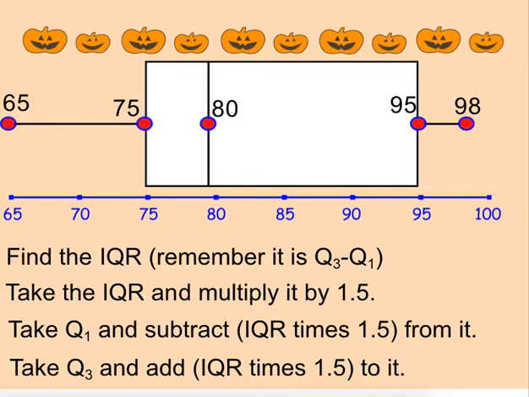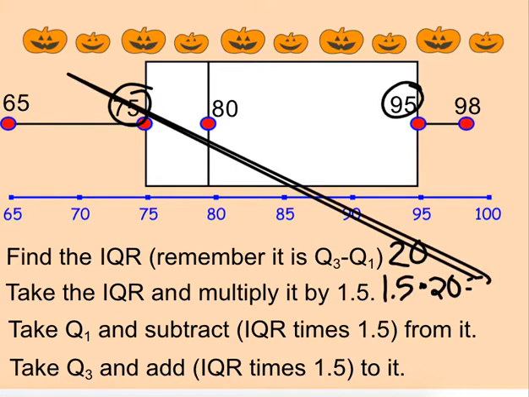So based on this box and whisker plot, let's find what we would have to have in order to have an outlier. So first, interquartile range, we're saying 95 minus 75, which is 20. We take that and multiply by 1.5, so 1.5 times 20 is equal to 30. And then we find the low side and the high side.